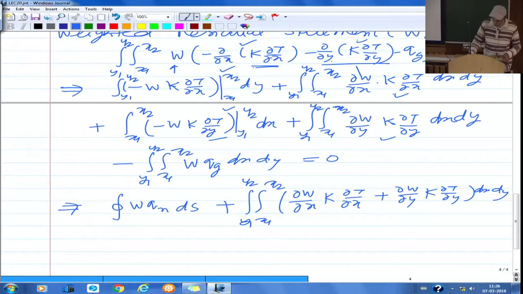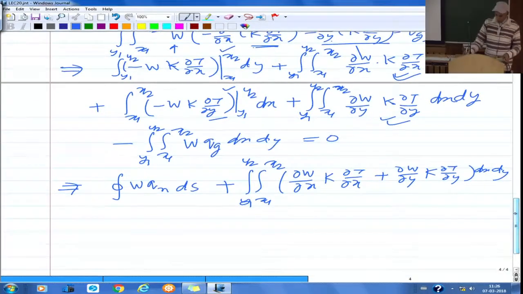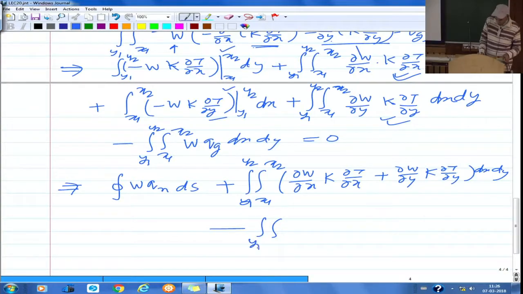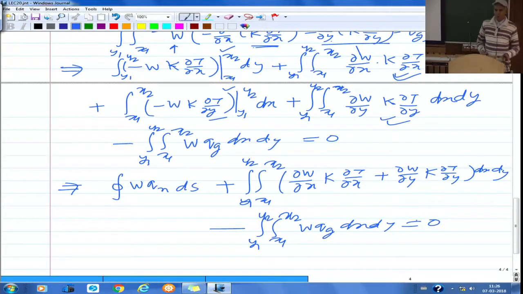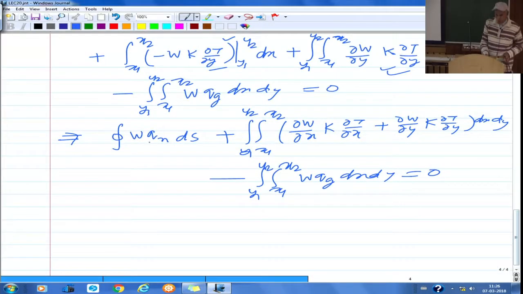That is, I am just writing this term and this term. And then the last term, which is also a domain integration, is minus the integral y1 to y2 and x1 to x2 of w qz dx dy, equal to 0. So the other terms remain the same; the only thing we have done is this.